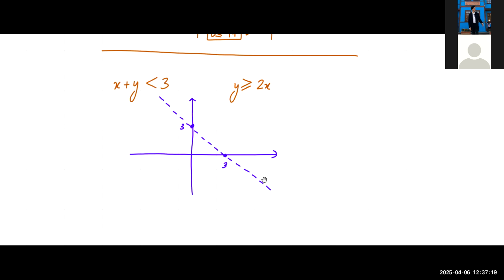So as you can see, it says less than 3, so we will shade the region that we want, which is under this line.